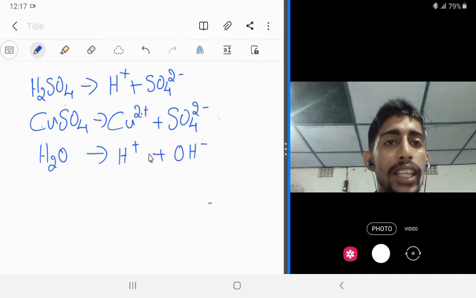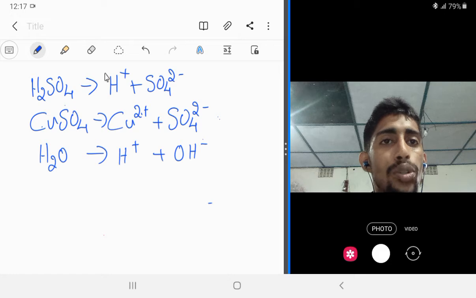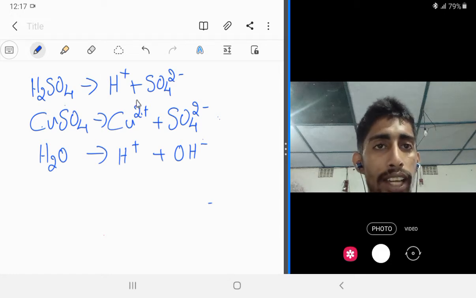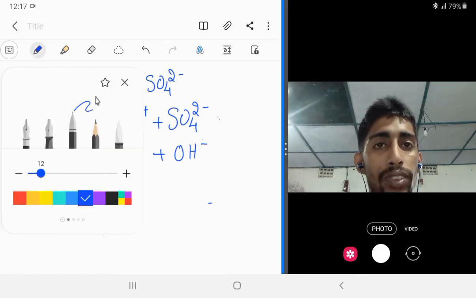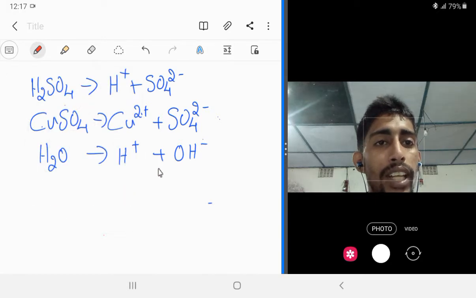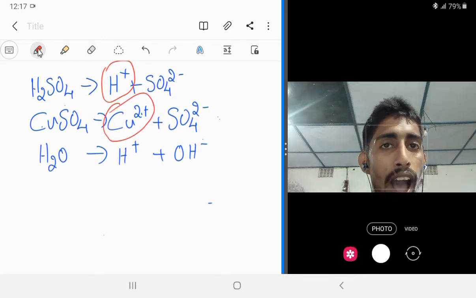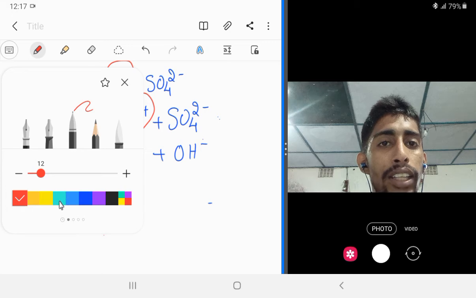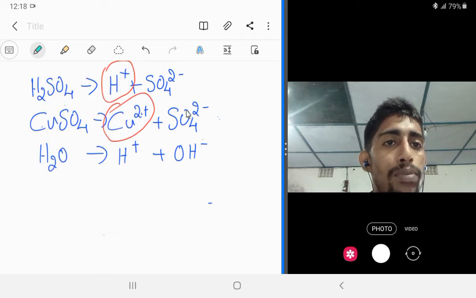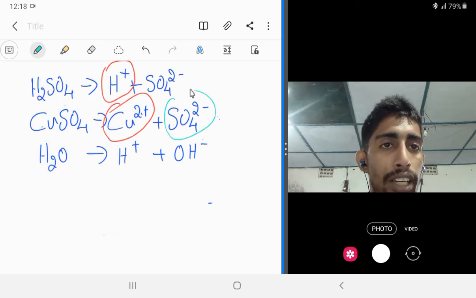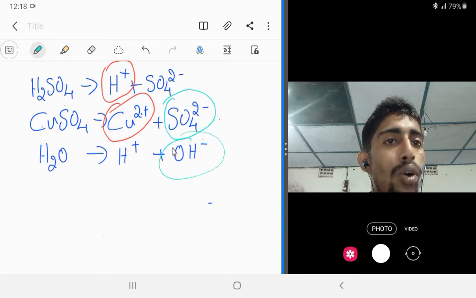You can see here there are two kinds of cations, H plus and Cu2 plus, and two types of anions, sulfate anions and OH anions.